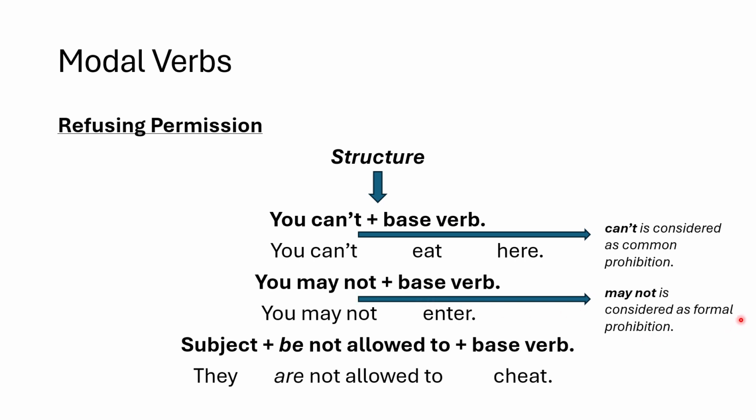May not is considered as formal prohibition or refusing permission. Subject plus be not allowed to plus base verb. They are not allowed to cheat. Remember, be changes depending on the subject and the tense.